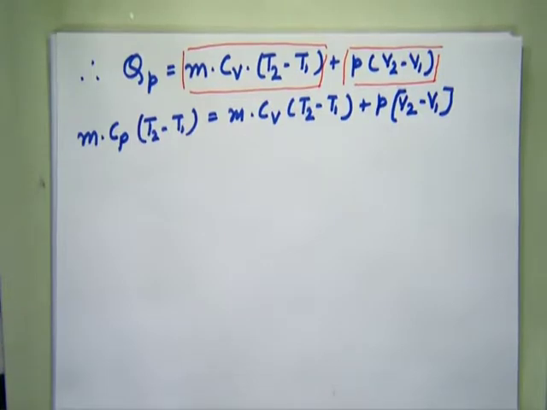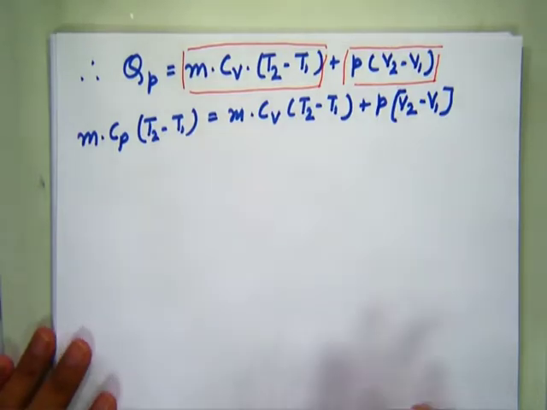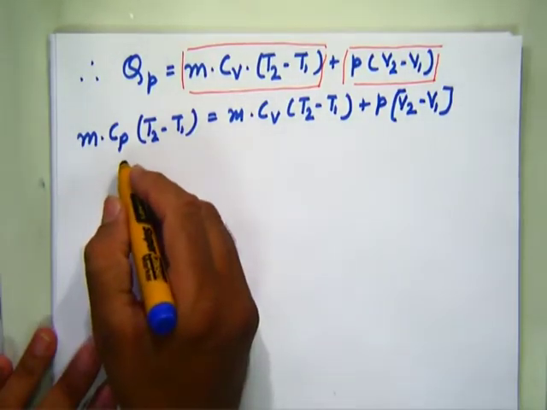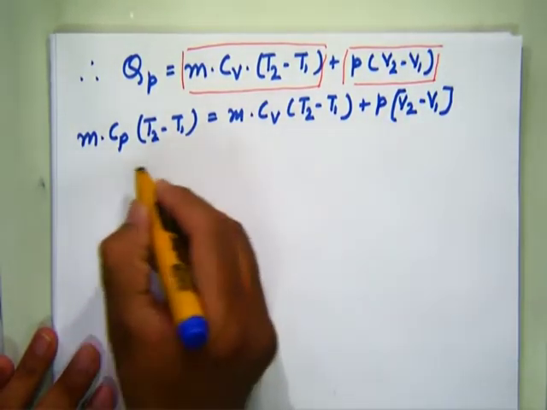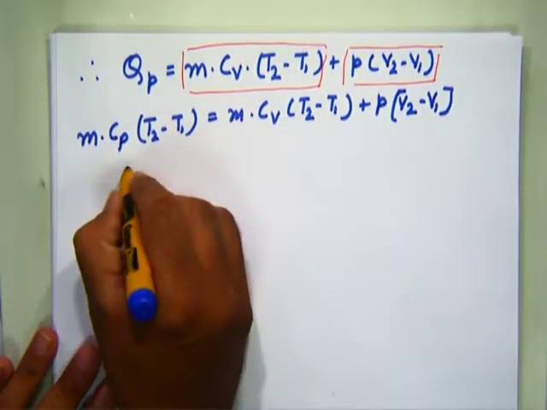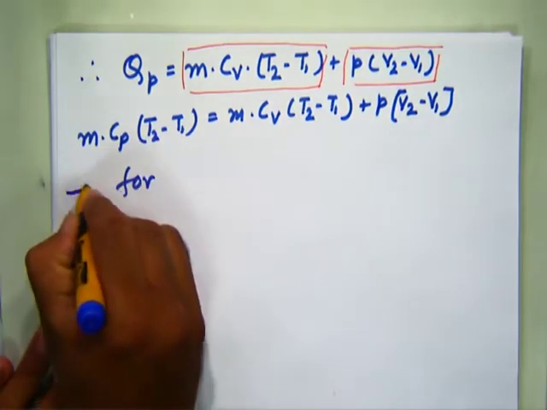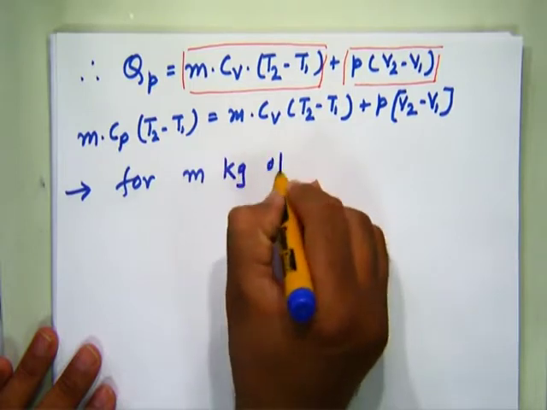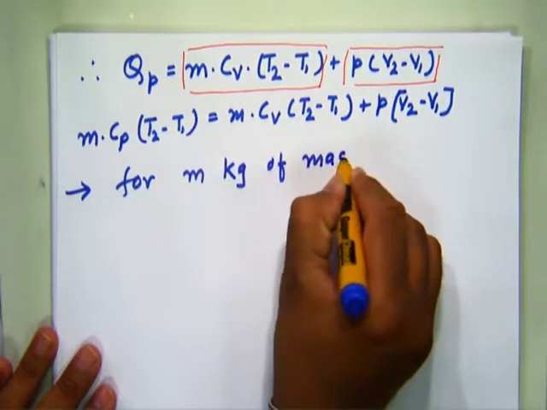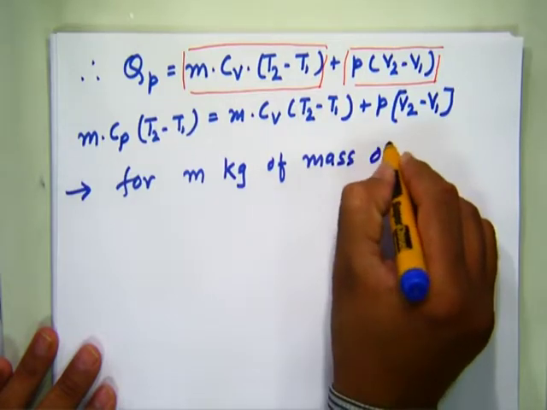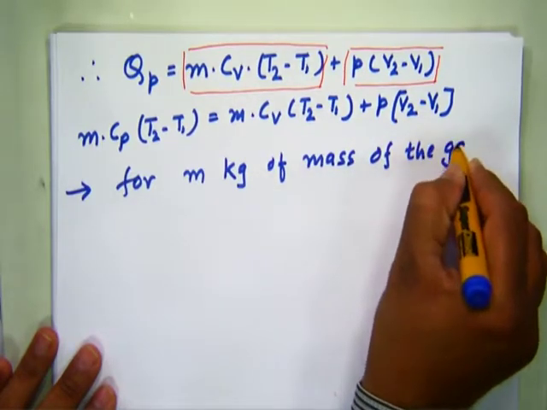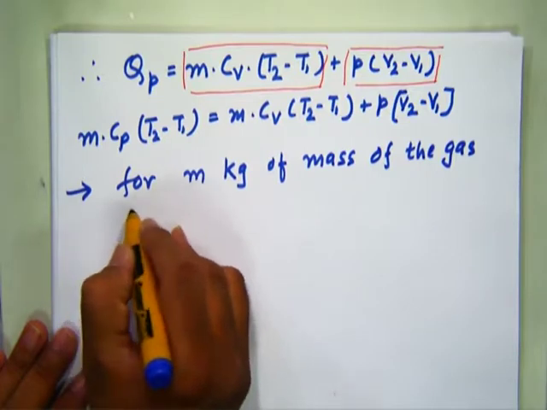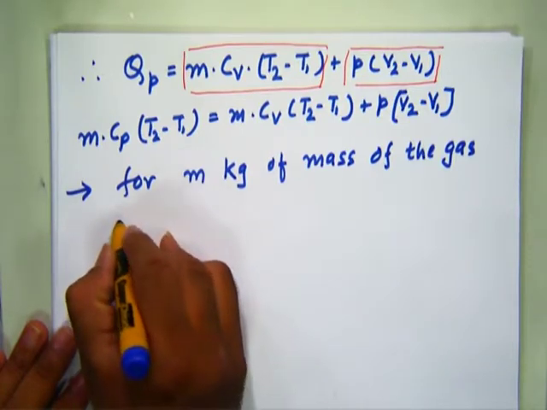Now consider the characteristic gas equations for m kg of gas at the beginning and at the end of the constant pressure heating.